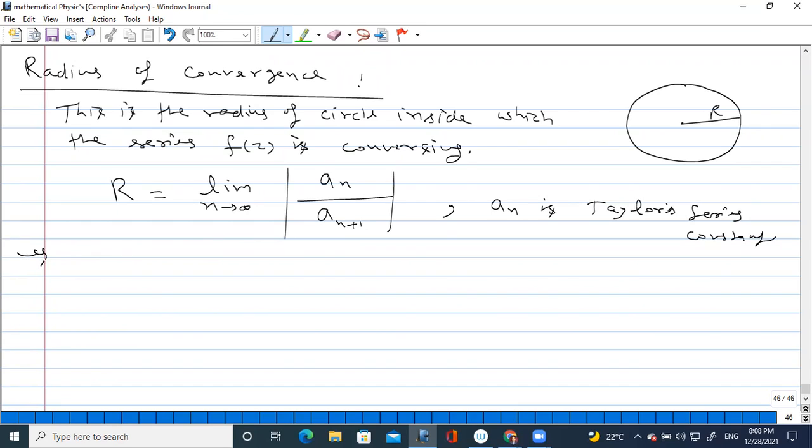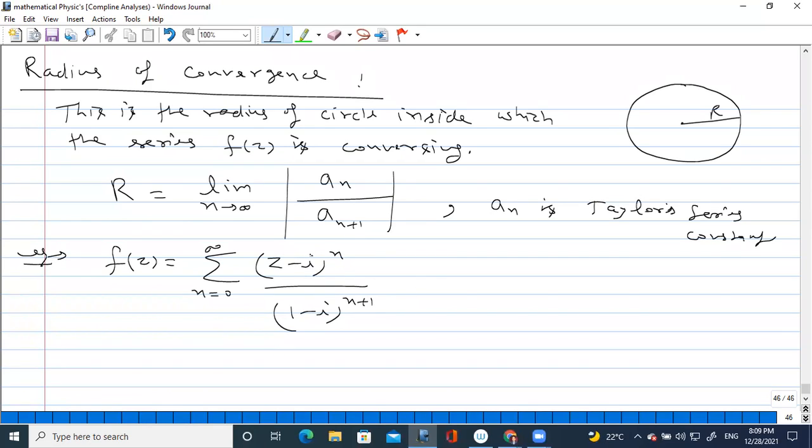Suppose I take an example. If f(z) is given like this: summation n equal to 0 to infinity of (z - i)^n divided by (1 - i)^(n+1).